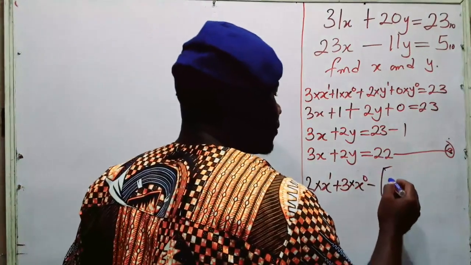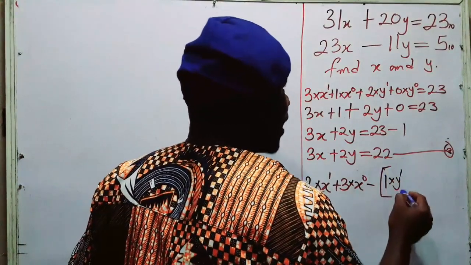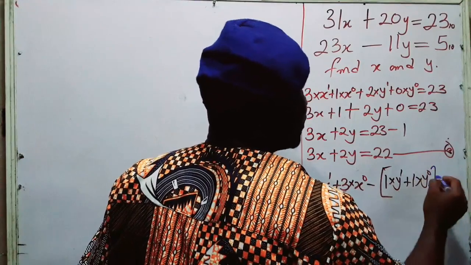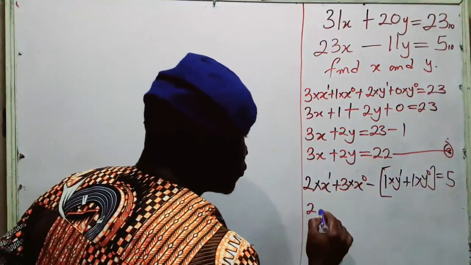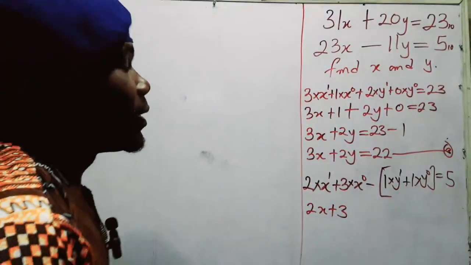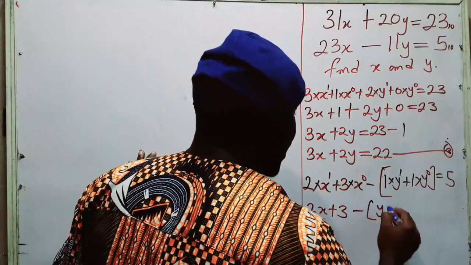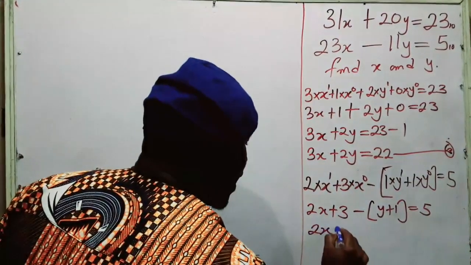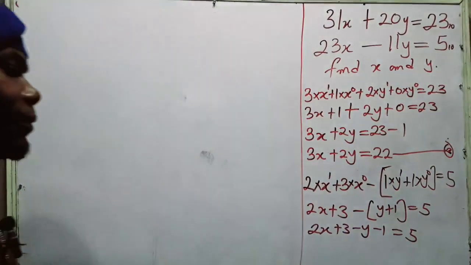So we have 1 times y raised to power 1 plus 1 times y raised to power 0 is equal to 5. So therefore we have 2x plus 3. Recall that anything raised to power 0 is equal to 1. So minus, open bracket, y plus 1, is equal to 5. So we have 2x plus 3 minus y minus 1 is equal to 5.